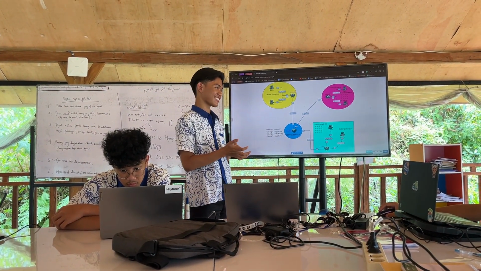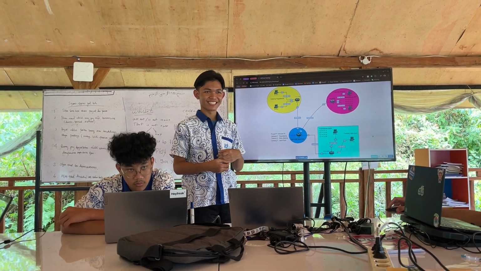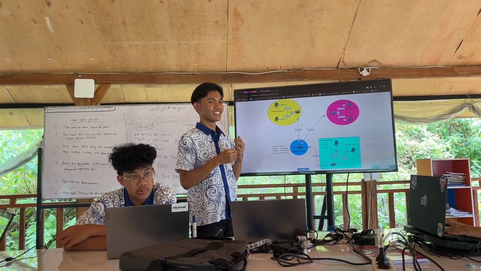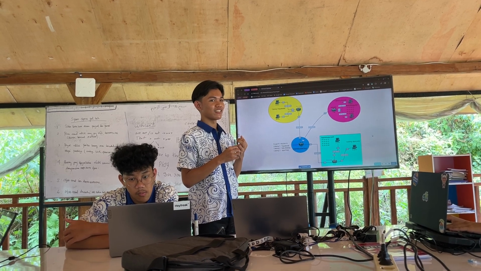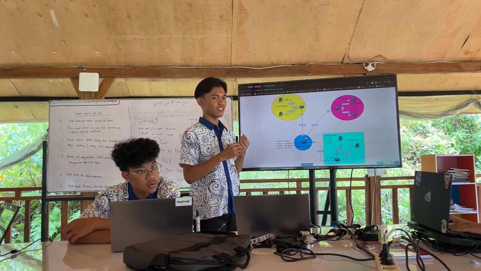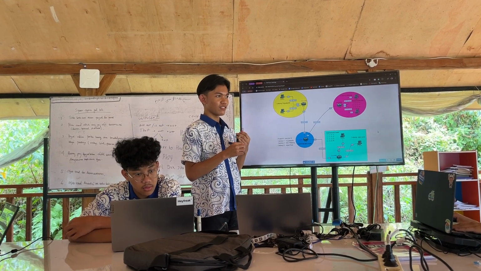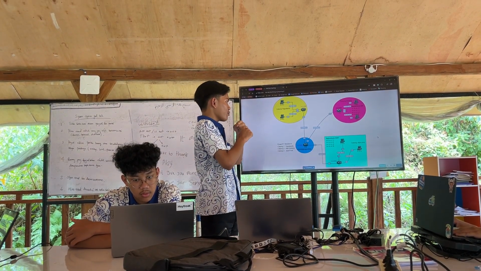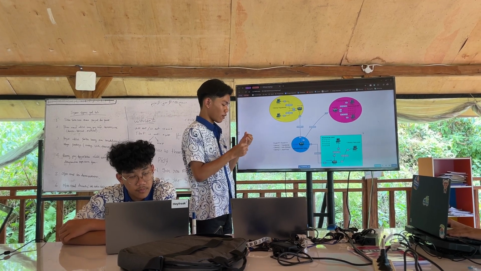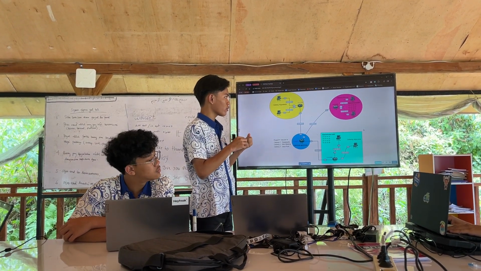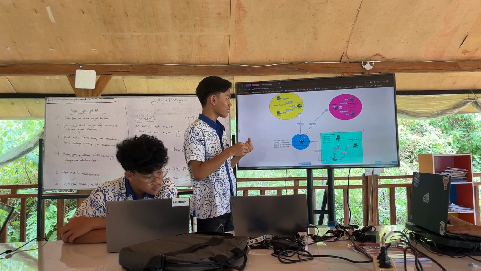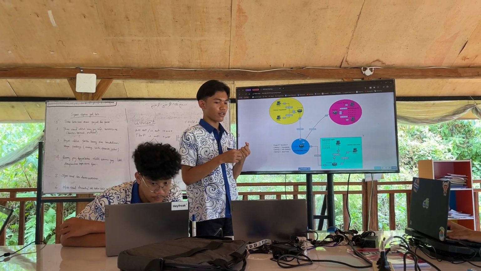You know, if the problem is PC1 cannot ping to PC3, what will you do? Maybe we could check the configuration of each router, because we did the configuration on the routers, and maybe there's a problem at a router and we could check it one by one.